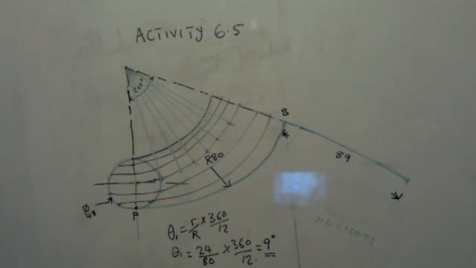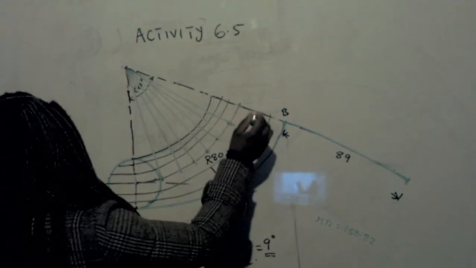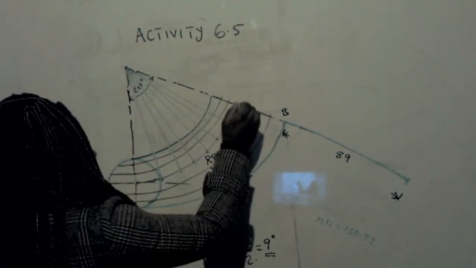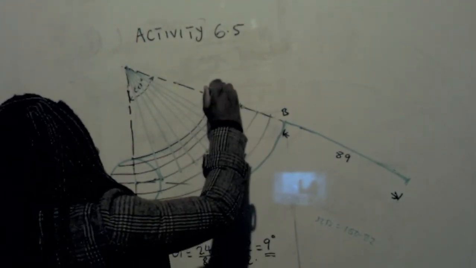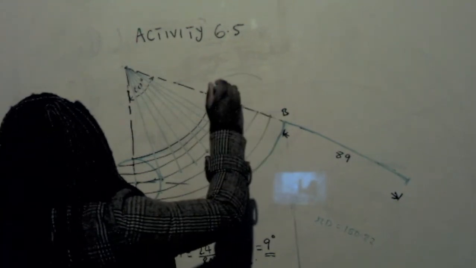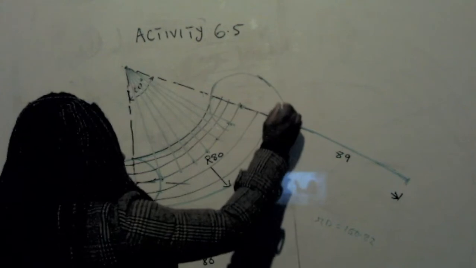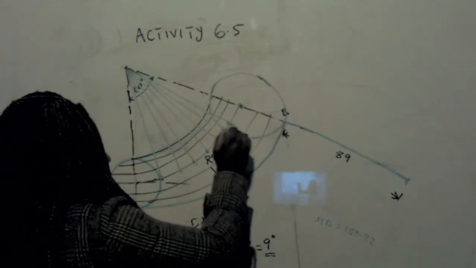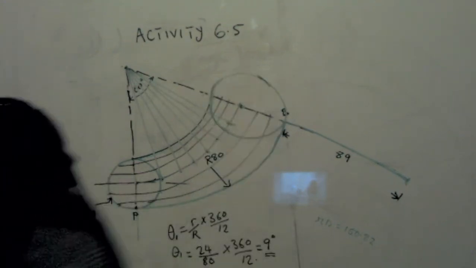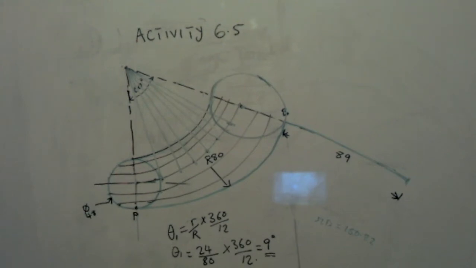So we are supposed to draw another circle using this center line here, of the same diameter. So let's say that is the circle. Though it looks big, it's the same diameter. Okay. Then it is changing into a cycloid there.